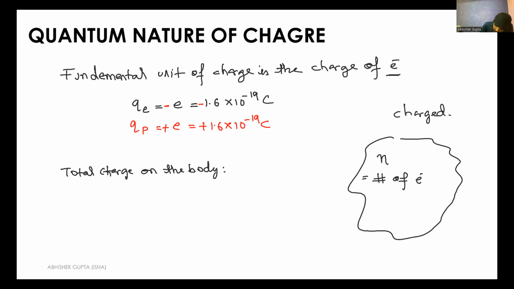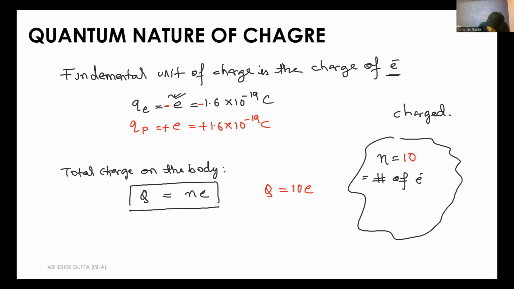If you simply tell me the number of electrons on the body, I can tell you the charge on the body. I know the charge of one electron is e, so the charge on n electrons will be n e. The total charge on a given body is equal to n times e. This is called quantization of charge. If there are 10 electrons on the body, the charge will be 10 times e with a negative sign, because the electron has negative charge.